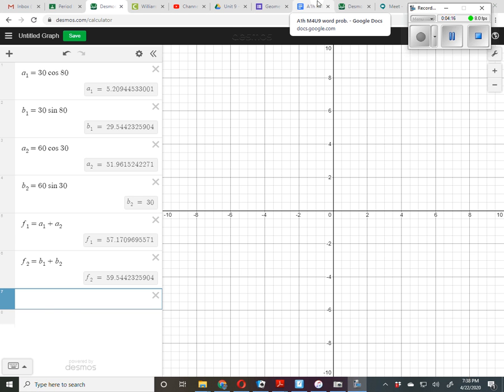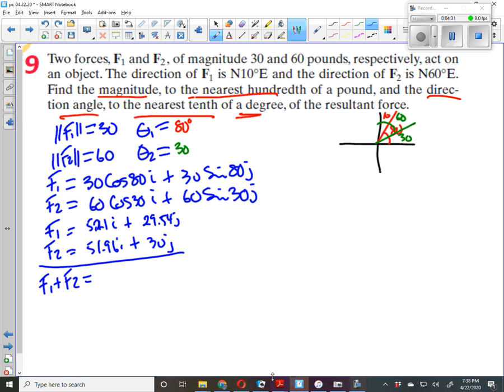All right, so I designated the sum as F1, lowercase f, lowercase 2, and we got 51.17 I plus 59 J.